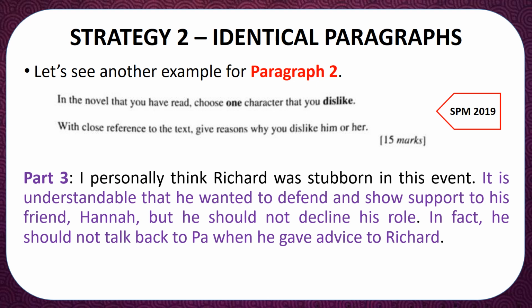So, yes, you may want to defend your friend, you like your friend, you want to give support to your friend, but you should not be rude to your father, right? So Richard was too stubborn that he actually talked back to Pa. This is not something positive, right? So this is something that you can dislike Richard for doing.